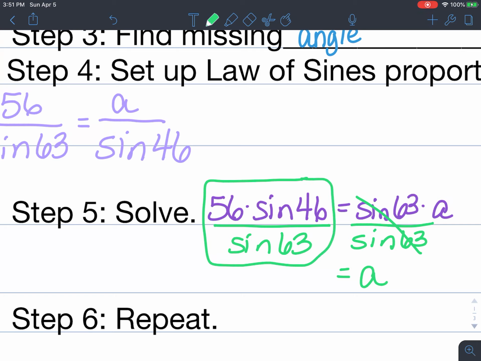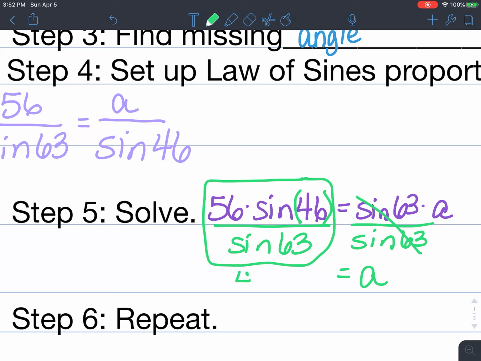So 56 times sine 46 divided by sine 63. Just a note that when you hit the sine button, it automatically gives you a parenthesis. You do have to make sure that you close that parenthesis before you hit divide, or else it's not going to work right.